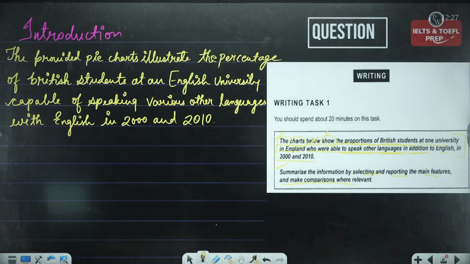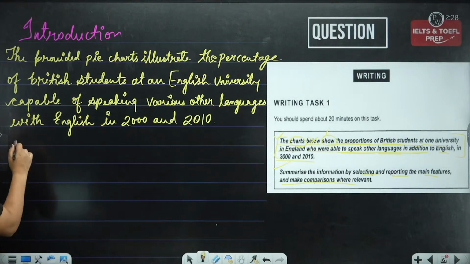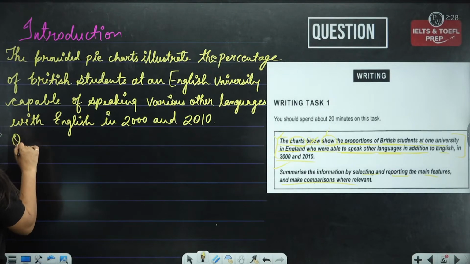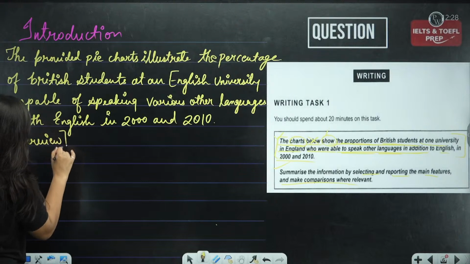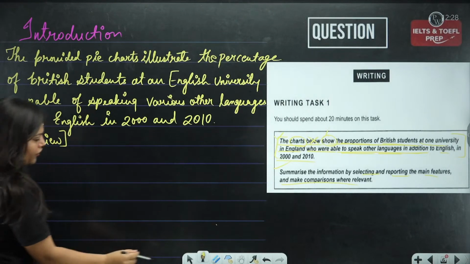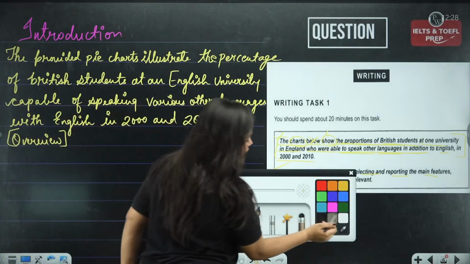It's clear? Now, we are going to write the overview. As we have already read the diagram, we are going to execute it over here now.